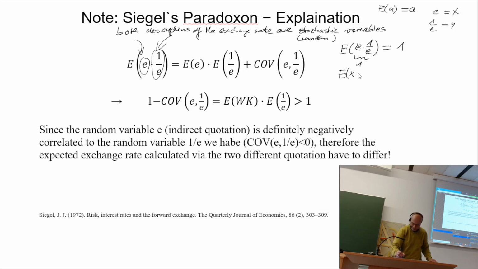Well, and for the expected value of a product, we of course know that we also have to take the covariance of these two variables.